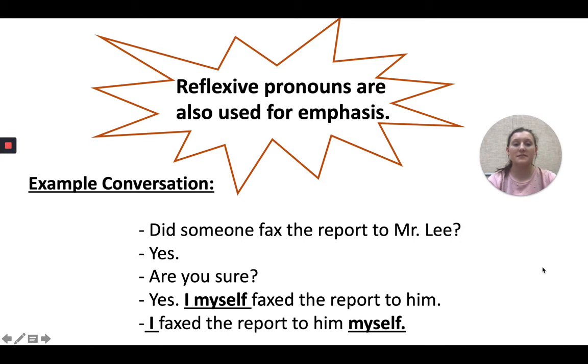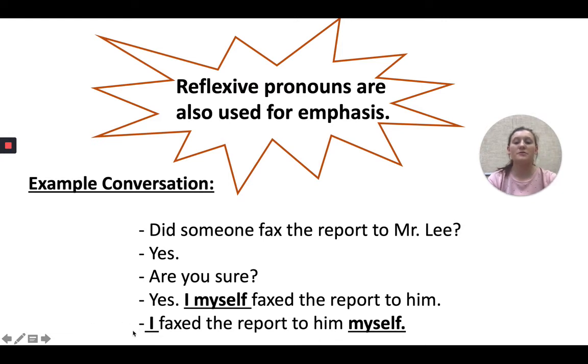Emphasis is when we want to emphasize a point that we want to make. Again, we are being questioned, did we fax the report to Mr. Lee? And we said, yes, we did. And then the other person is asking us, are you sure that you did that? And now I'm responding, yes, I myself, meaning me personally, I myself faxed the report to him.